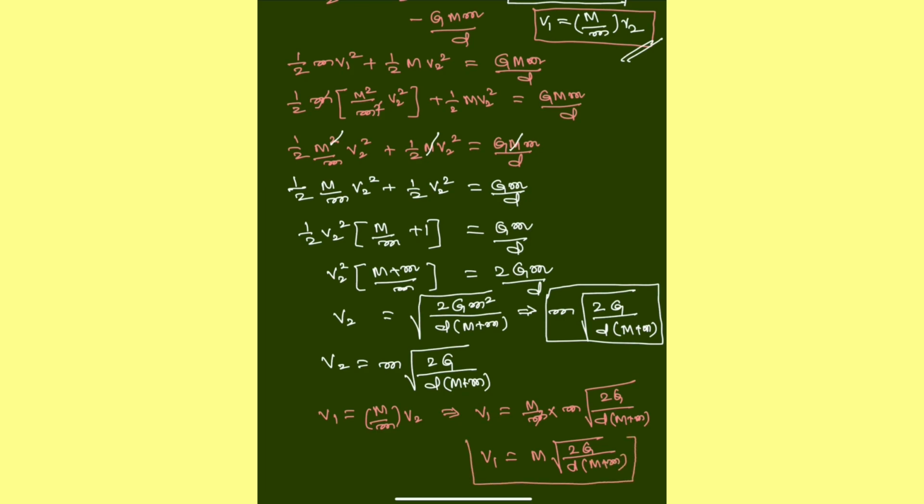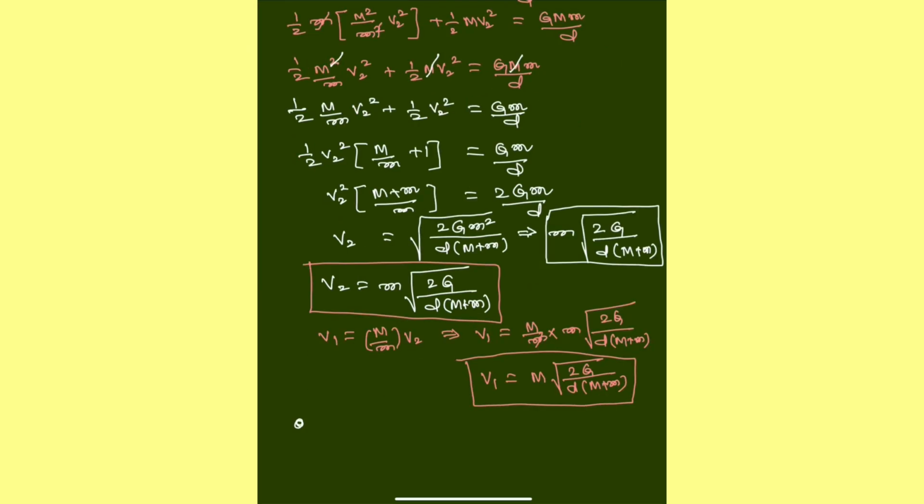Now this is v1 and this is v2. When two particles are approaching each other with velocities v1 and v2, the velocity of one with respect to another, v relative, is v1 plus v2 if they are approaching. If they are moving in the same direction, v1 minus v2.